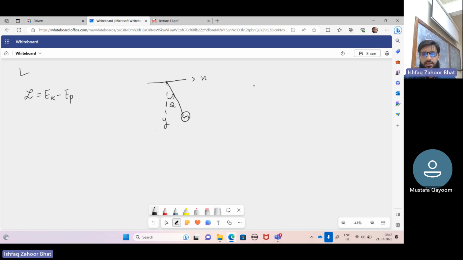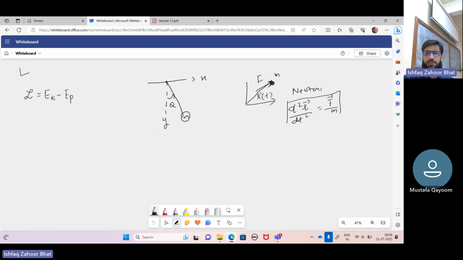In the last lecture, I told that if we have some particle and we are applying some force F, and in some frame it has some position vector r of t at any time t, then Newton says that d2r upon dt2 is nothing but F upon m.